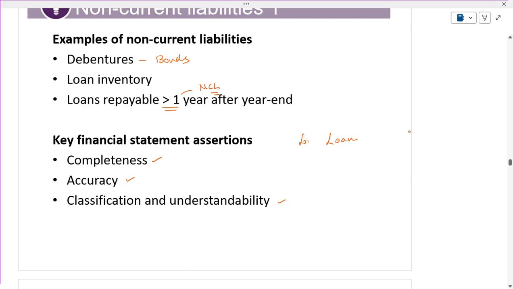Whenever there is a repayment, you have to update the long-term loan account, so that it will be complete. And in terms of accuracy, it should be classified properly, whether it is going to be a current liability or a non-current liability.